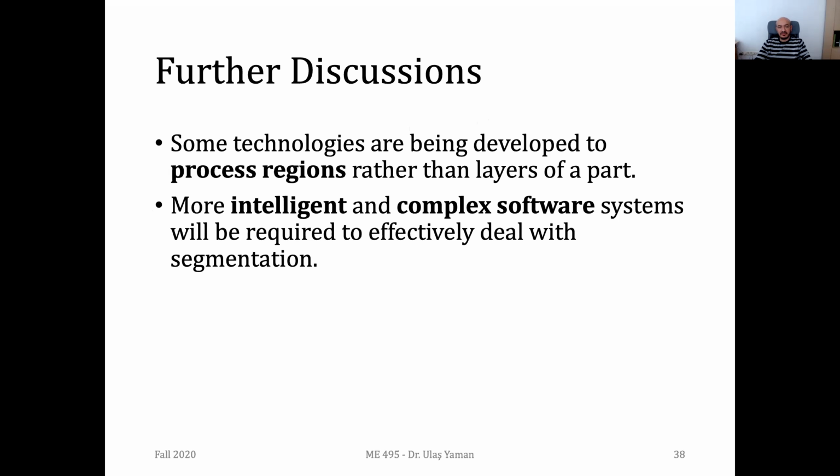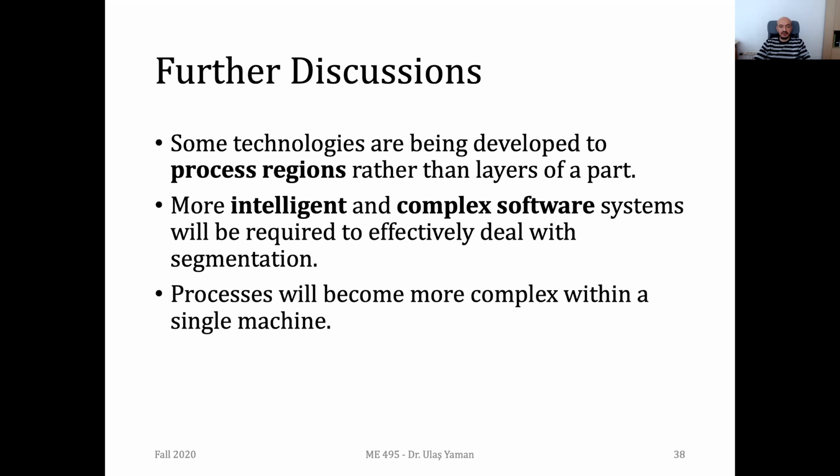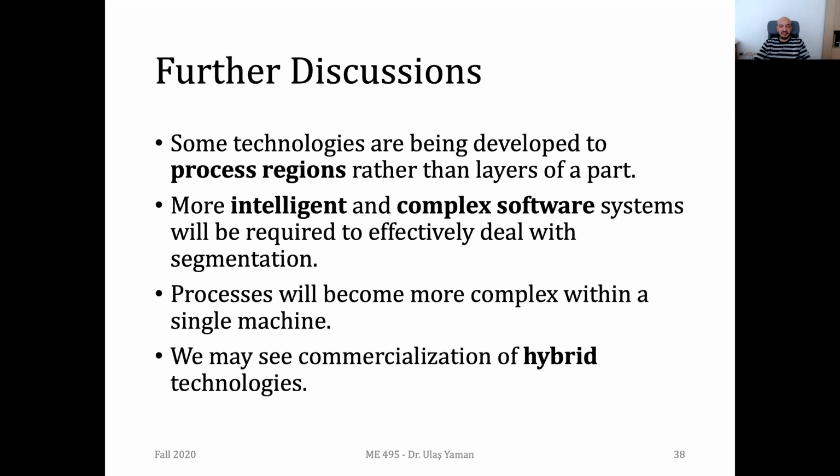So for that purpose, we need to have more intelligent systems, more complicated systems, so that we can do some segmentation on the part and have maybe high resolution at a specific part and low resolution on another part of the same product. But obviously it's not easy. We need to have complicated software and complicated machines. But in the near future, I think we will have such commercialized systems, such hybrid technologies using such approaches.